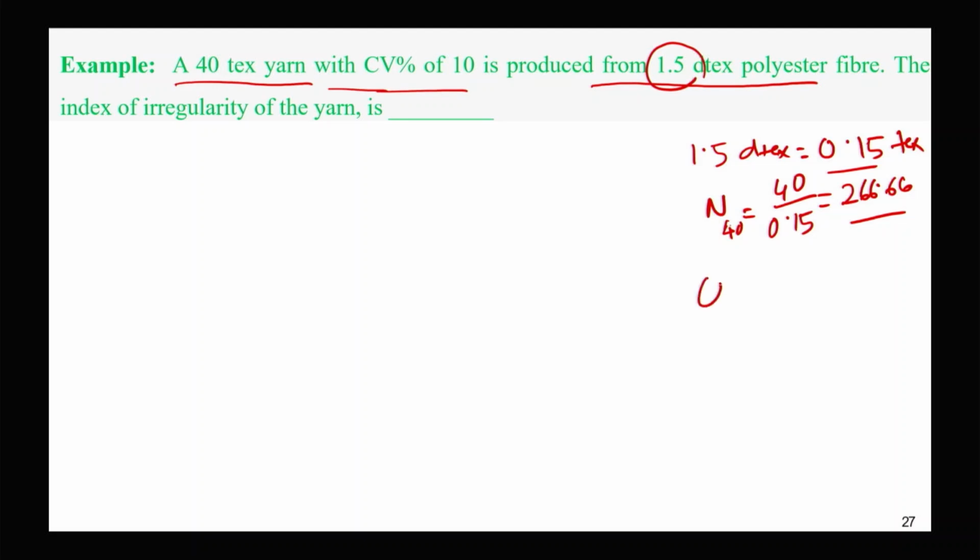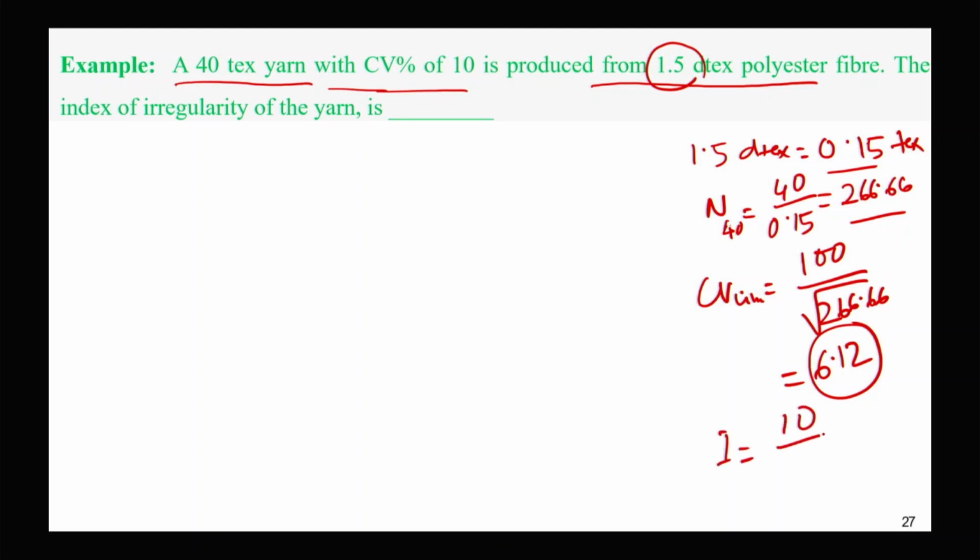Now the CV limit will be 100 by root 266.66, so it is reduced to 6.12. We can calculate the index of irregularity: 10 by 6.12, which is 1.63.